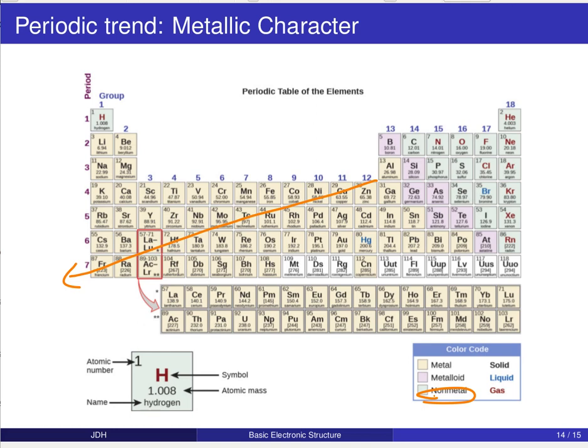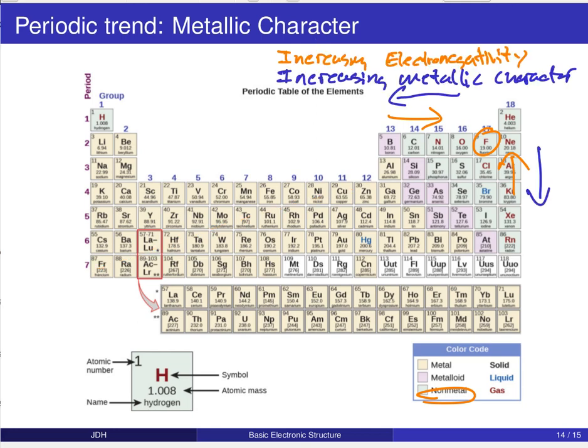So electronegativity gets highest going up here to fluorine, and we can write it in. So increasing electronegativity as you go from left to right and from bottom to top on the periodic table. And metallic character increases going the exact opposite direction, right?